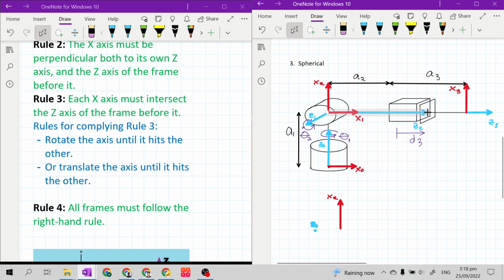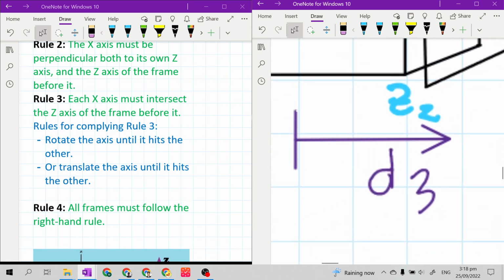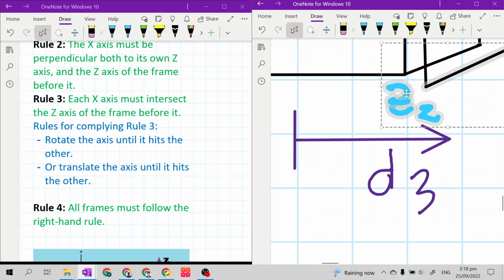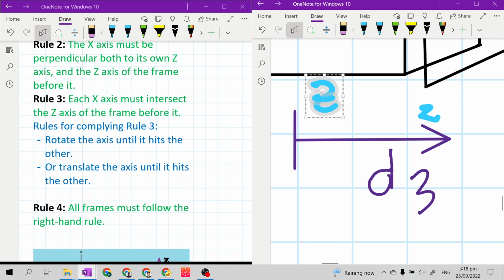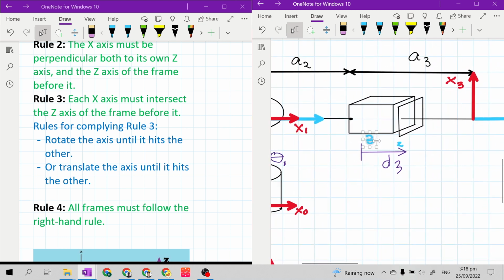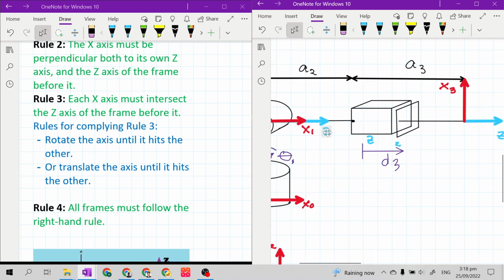So we will translate Z sub 2 in the direction you translated X sub 2. Okay? So let's translate this to its new position.